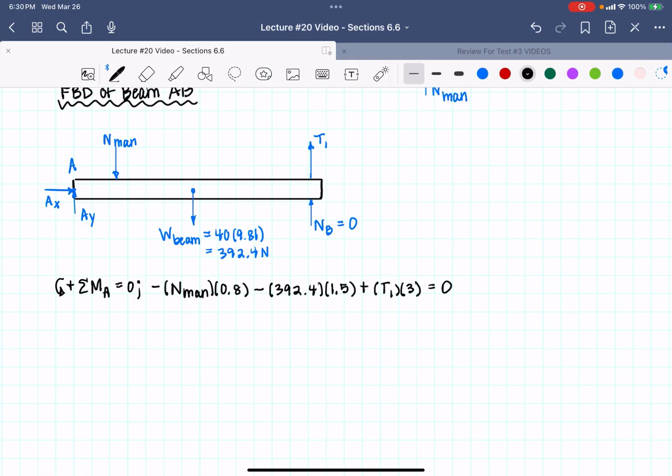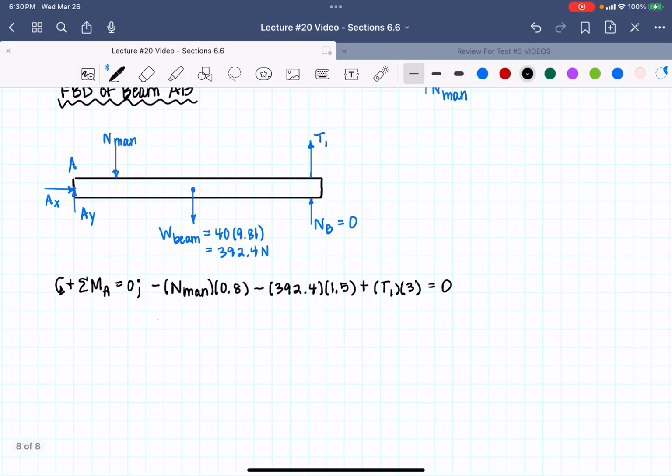So if I write out this equation, I'm going to get negative 0.8 times the normal force of the man plus 3 times T1 equals 588.6. This is my third equation for my matrix.